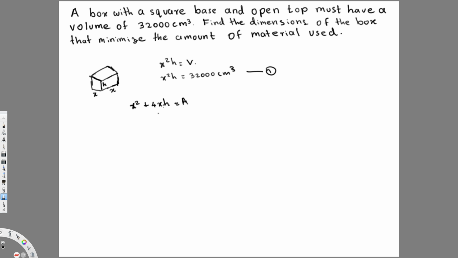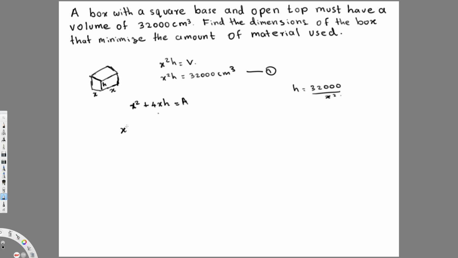So I have to bring this h in terms of x. How can we do that? If you see equation number one, I can find h in terms of x by rearranging it. h is going to be equal to 32,000 over x square. So I substitute this value for h here.